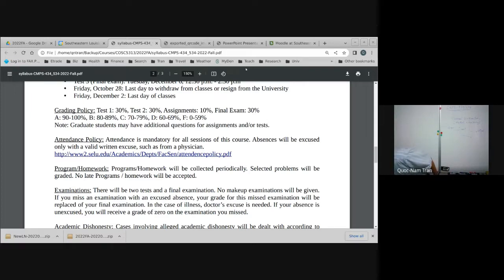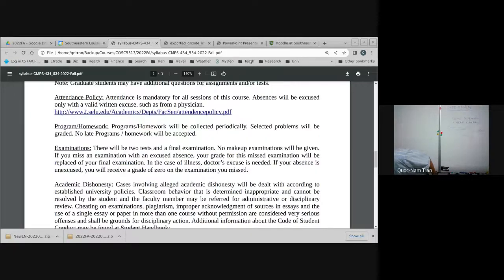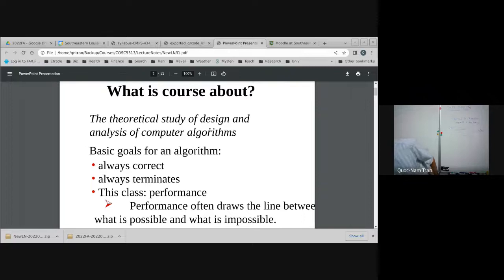So let's see what else I need to talk. Okay, one more thing before we start. So today we will start a little bit early. Before coming to the class on Tuesday, I want you to review the insertion sort algorithm and also the selection sort algorithm.